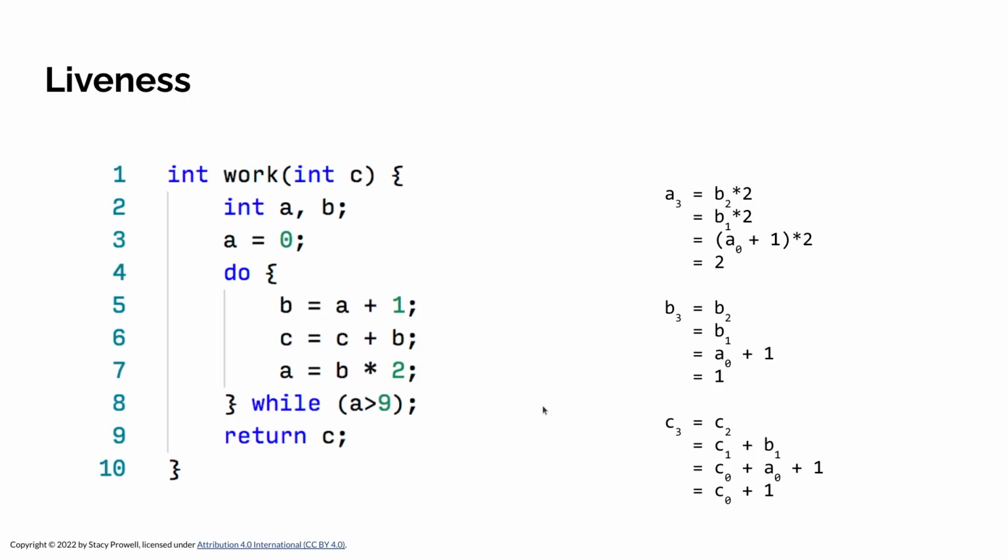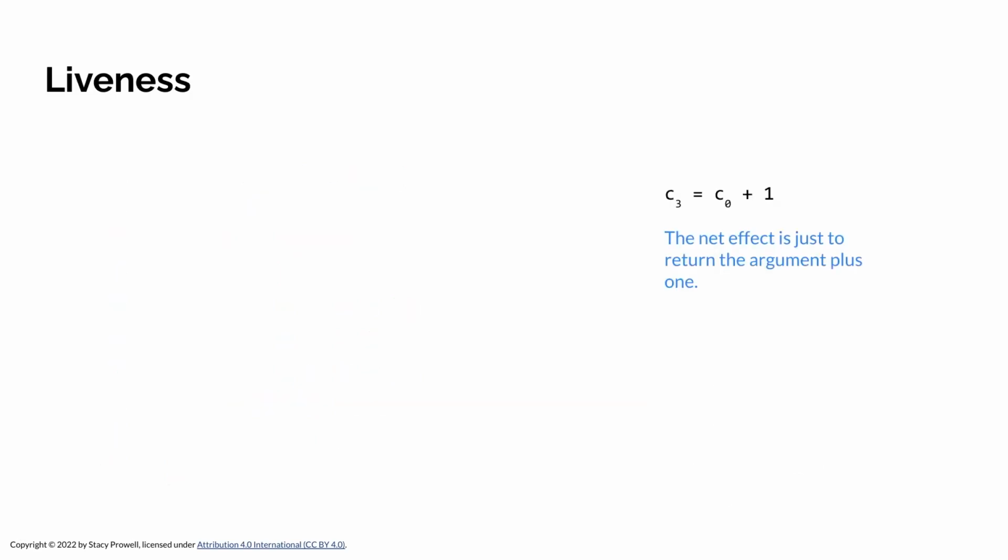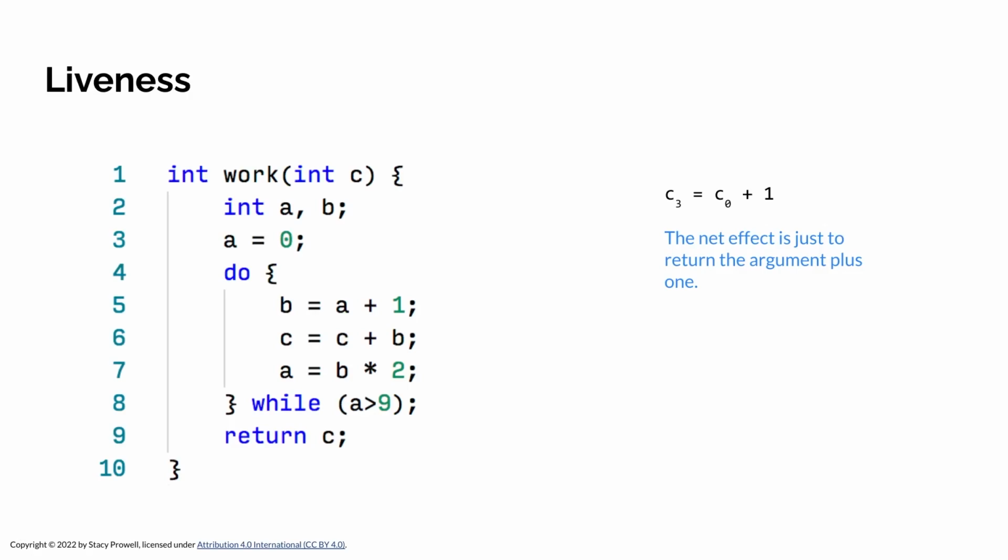And then we check the predicate to see if A is greater than 9. Is A greater than 9? No, it's not. A is 2. 2 is not greater than 9, so the loop will not run again. And so we will return that.